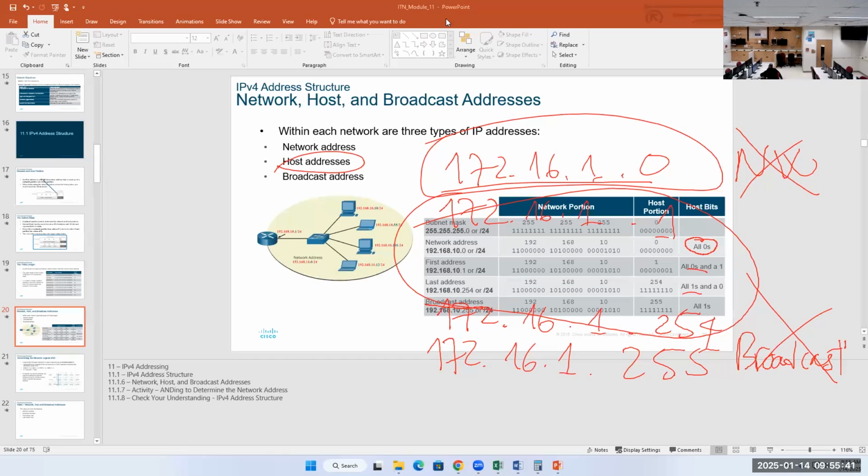This is the first usable address, right after the network address, and that is the last usable address, right before the broadcast address. You got it? So you know the concepts of IP version 4, the subnet mask, the network address, and the broadcast address.